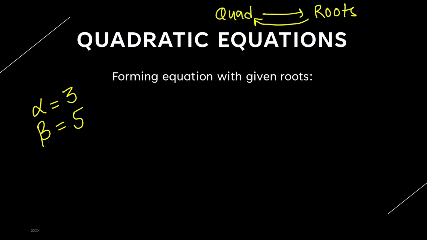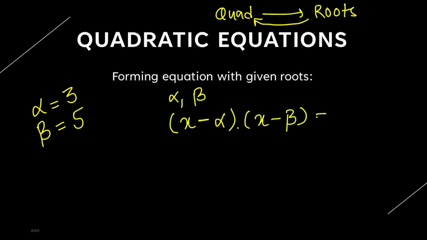How? If these two roots are given to us, alpha and beta, the quadratic equation will be x minus alpha multiplied by x minus beta equal to 0. Now, if 3 and 5 are the roots, I will write x minus 3 multiplied by x minus 5.